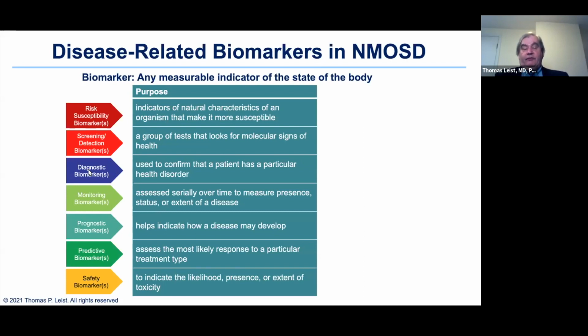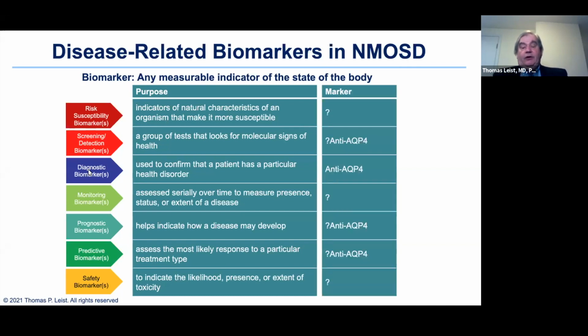We would like to have a biomarker that tells us where somebody is going to go in terms of whether the disease is going to be aggressive or less aggressive. And obviously, particularly when we have treatments, we would also potentially like to have a biomarker that tells us whether something is safe or not safe, or whether the patient is at risk, or whether everything is fine.